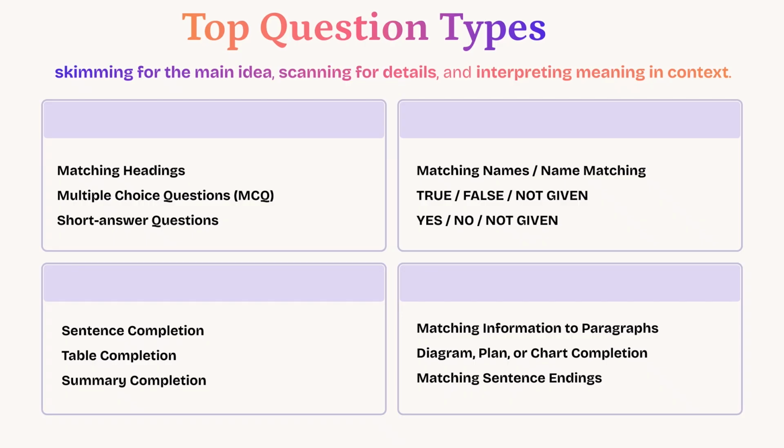The IELTS reading section features a wide range of question formats, each designed to assess specific reading skills such as skimming for the main idea, scanning for details, and interpreting meaning in context. Each reading passage typically includes 3 or 4 different question types, selected from the following list.